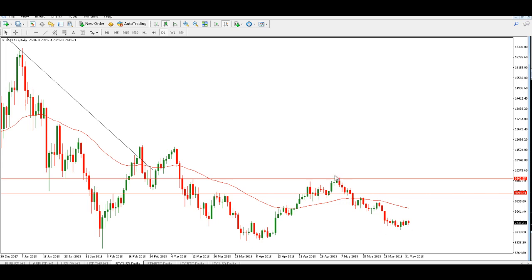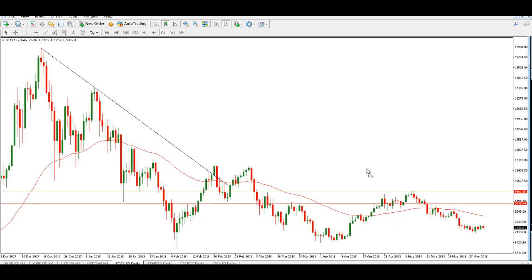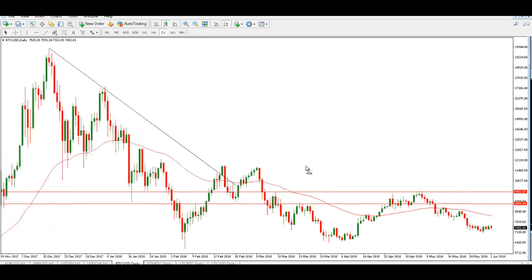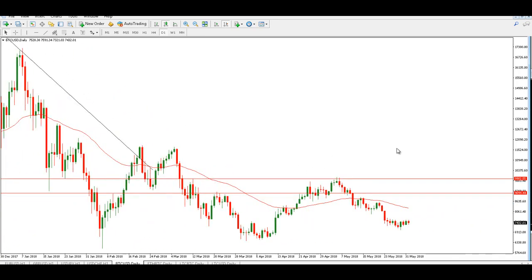I'm looking for shorts every single time the market goes up, because I think the market will continue to go down until it hits 10,000. Bitcoin is the leader. So you can short pretty much anything else as long as you follow the system, and as long as BTC doesn't go above 10,000, most likely we are good, and we can short the market and continue to make money while we're waiting for the bull market to come.